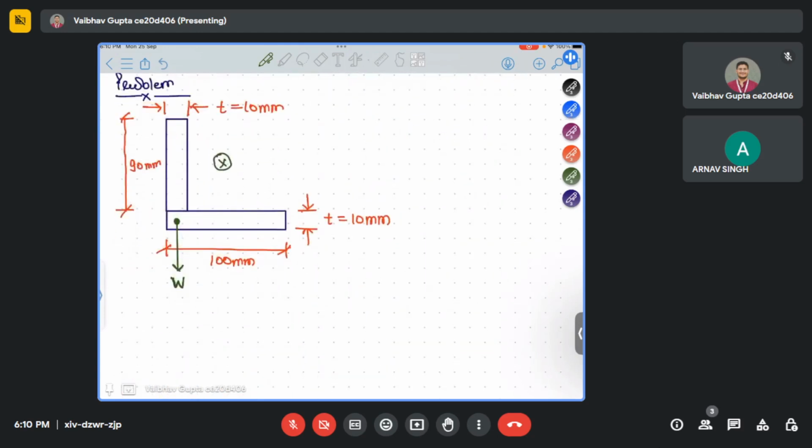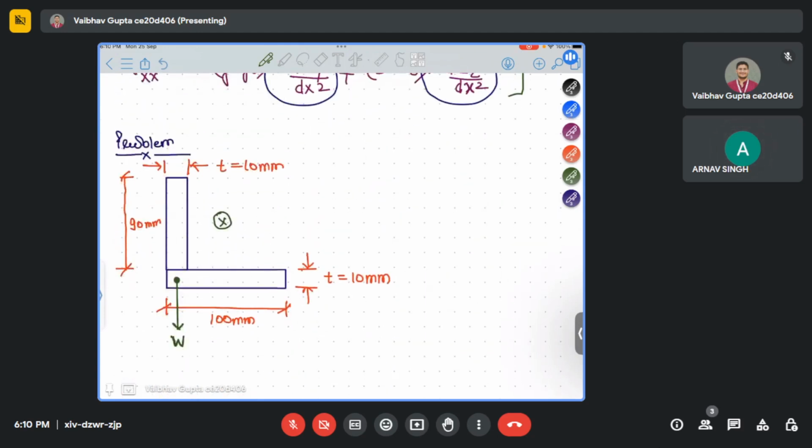Understood? So this W is a UDL loading on a simply supported beam. This simply supported beam has an angle cross section. The L section is given.